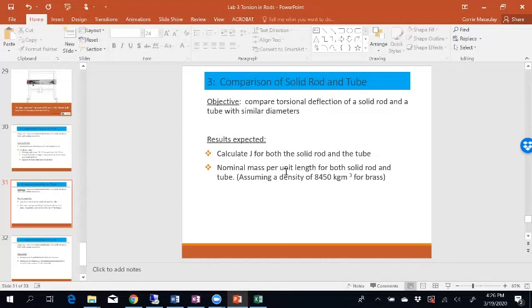It's a nominal mass per unit length of rod. So 8,450 kilograms per cubic meter for brass.